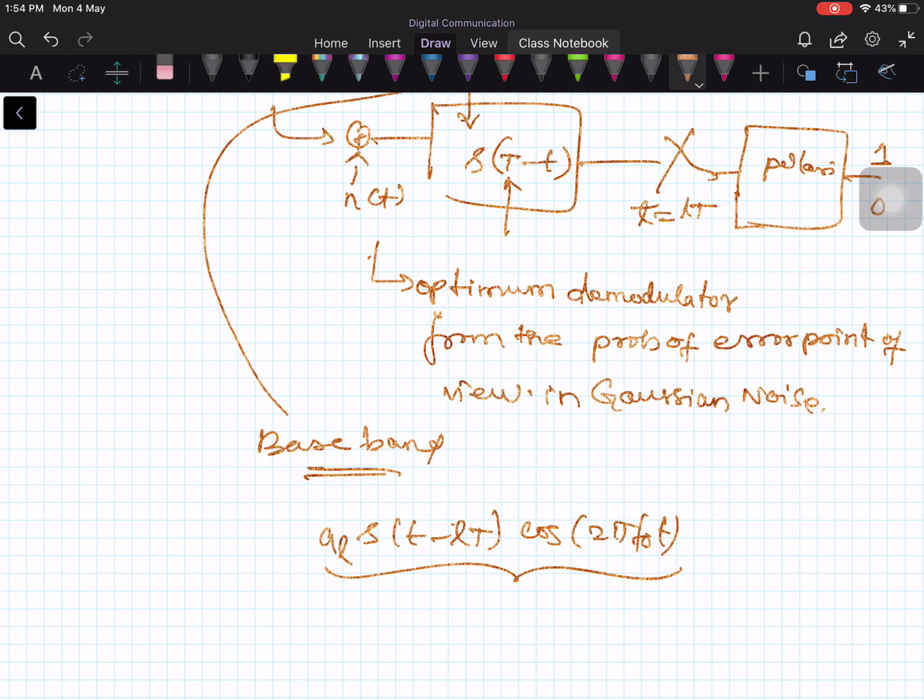So this is the passband pulse. If you have the passband pulse, then how does your matched filter structure change, and how do you carry out the demodulation, and how do you decide whether 1 was transmitted or 0 was transmitted. That is the topic of interest in the next lecture.